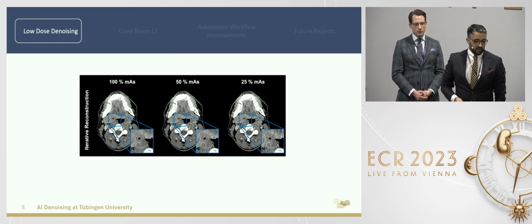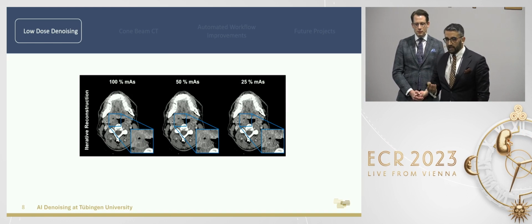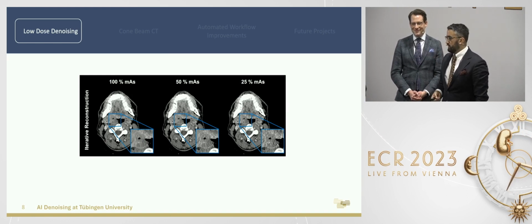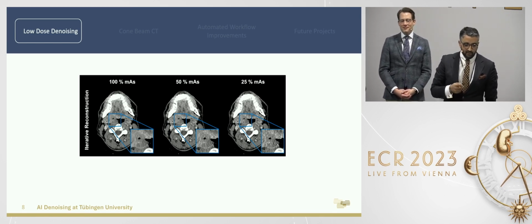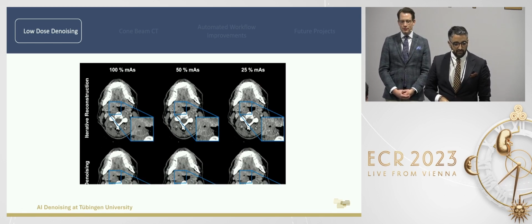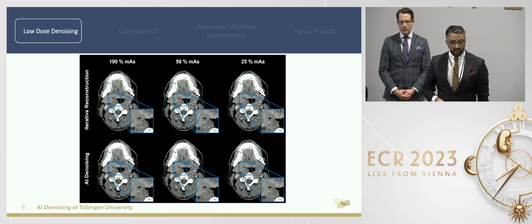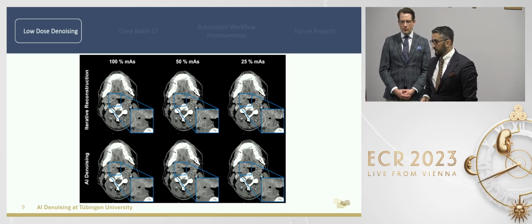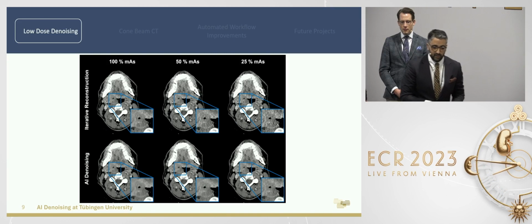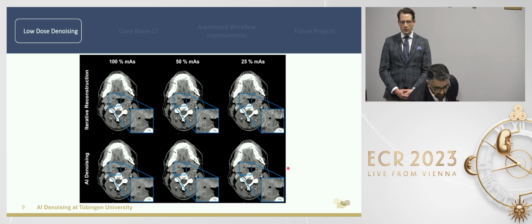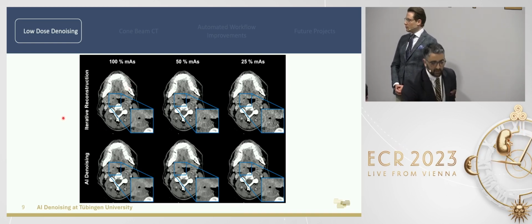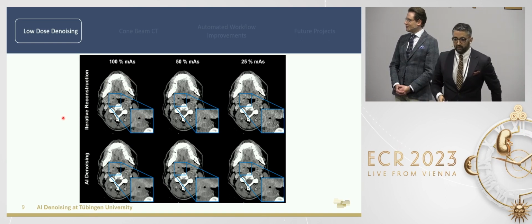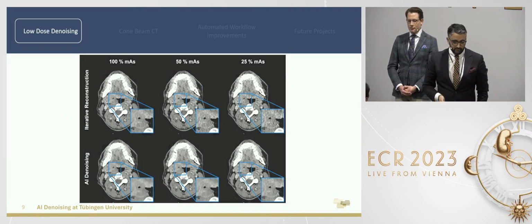One of the regions what radiologist doesn't like that much is imaging of head and neck. And what we saw is you can go down to 25% of the original dose, and using AI denoising, then you can still see it compared to the original one. So this is the 25% AI denoised, and this is the original one with iterative reconstruction from our vendor.